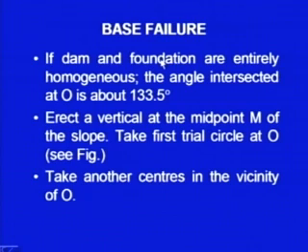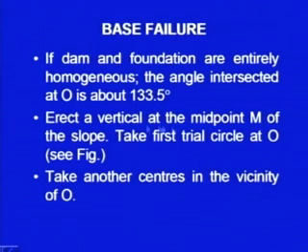Now, so far we were discussing the case of toe failure. If there is a case of base failure, and the dam and foundation are entirely homogeneous, then it has been proved that the angle subtended at the center is about 133.5 degrees. We use this information as well as the information that the center of the critical circle should lie above the midpoint.